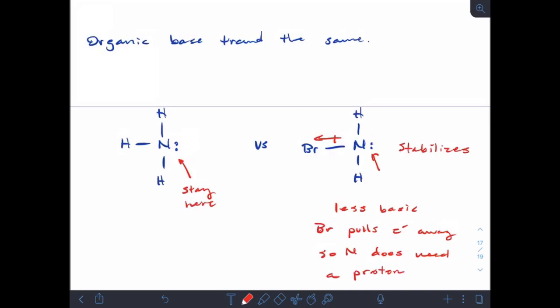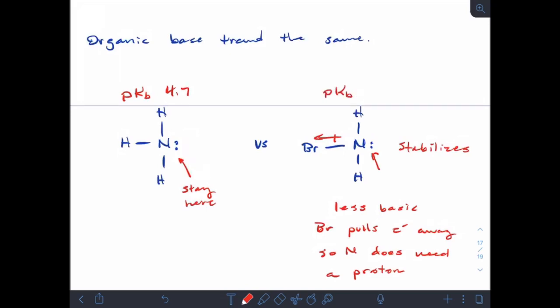Right, our pKb's, right? Remember, pKb is the rating of base strength, and the lower pKb will be a stronger base. pKb for ammonia is 4.7. Our pKb for this compound is 7.6.